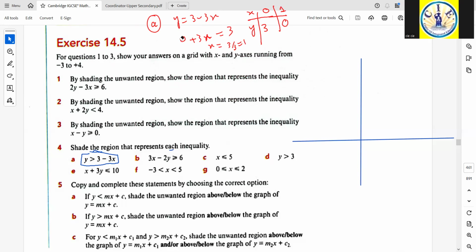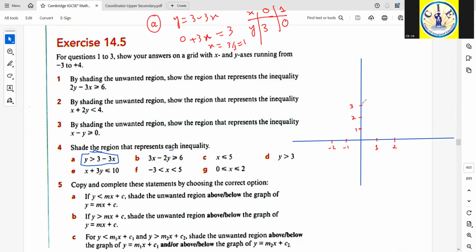Then I've got these 2 points. I need to jot them down on the graph. So this is -1, -2. In this case, I do not need to have the negative values of x. And for y, 1, 2, 3.